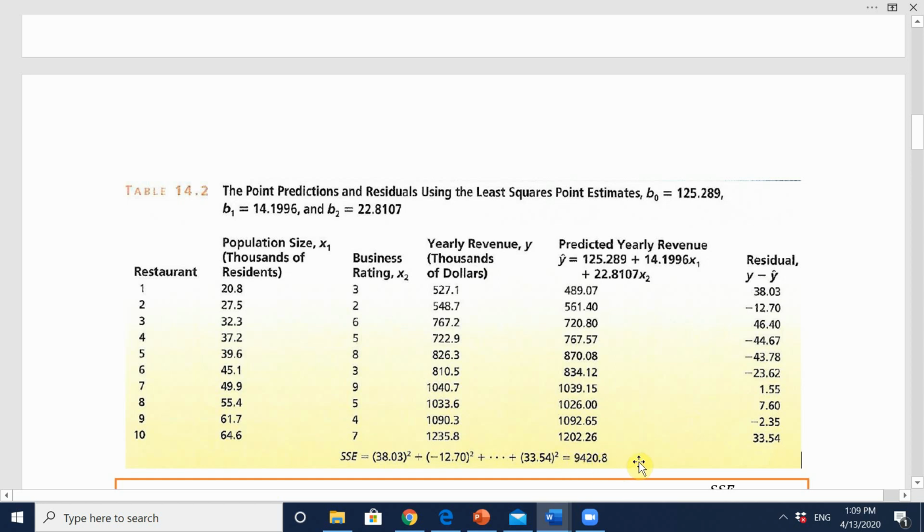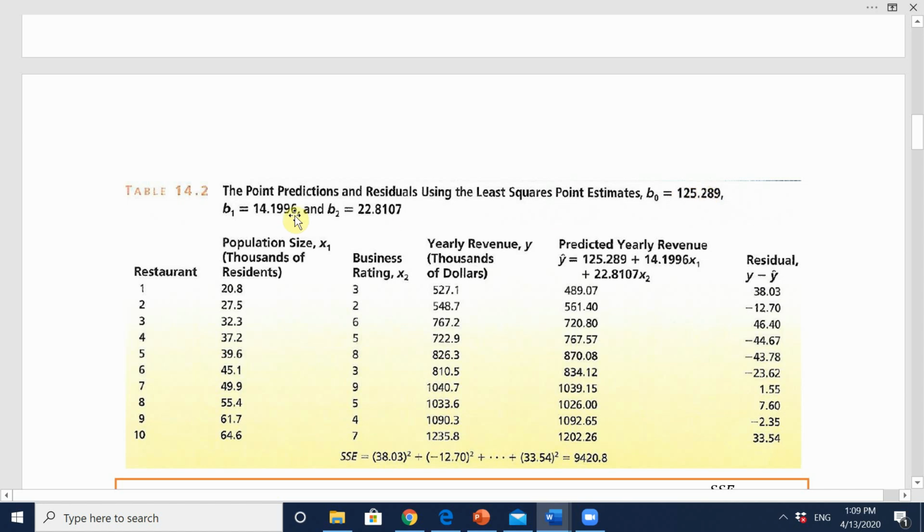And this value that I get here of 9,420.8 should be, in fact, the minimum possible value that I can get for sum of squared residuals, if I have used my least squares method to come up with my point estimates for my regression parameters.